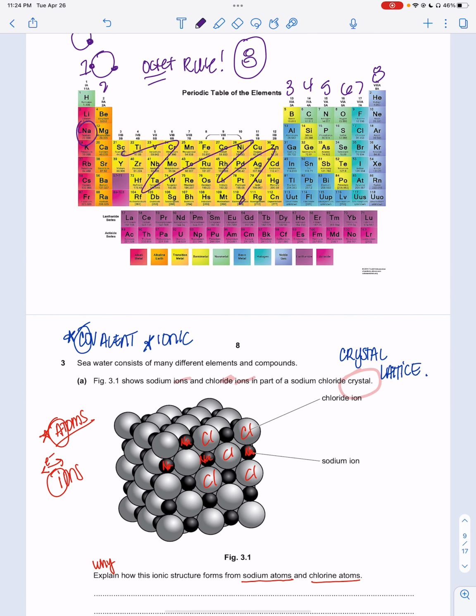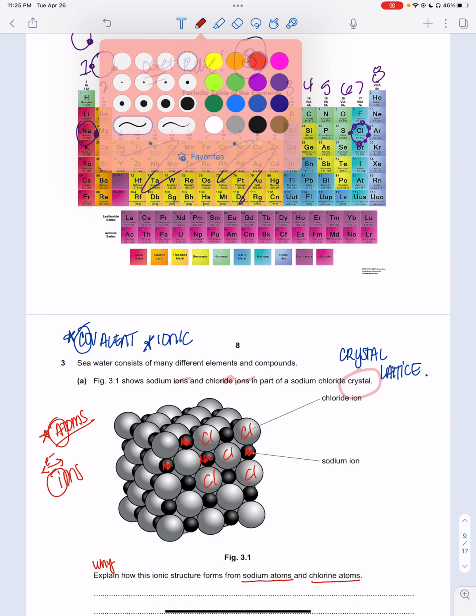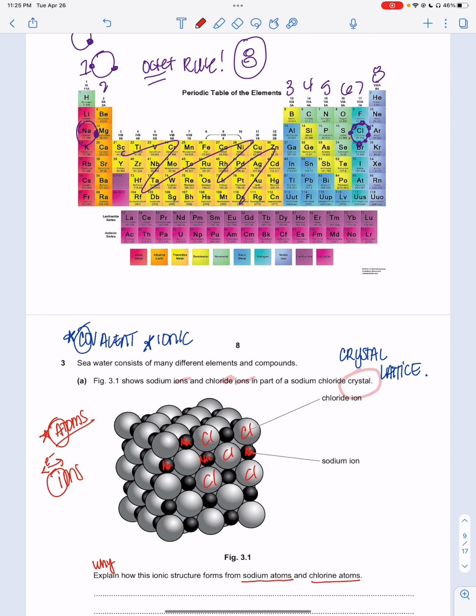So sodium's right here in group 1, so we know it's going to have 1 electron in its outer shell. Chlorine's right here, and it has 7. In order for chlorine to be stable, it would like 1 more, or it can lose 7.